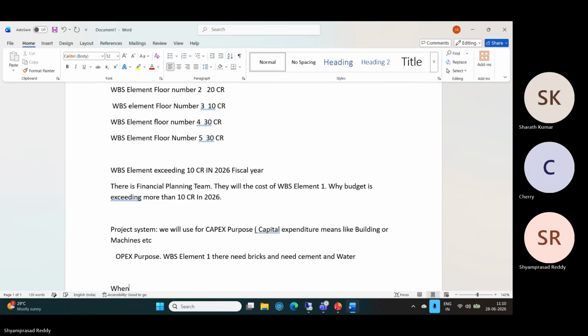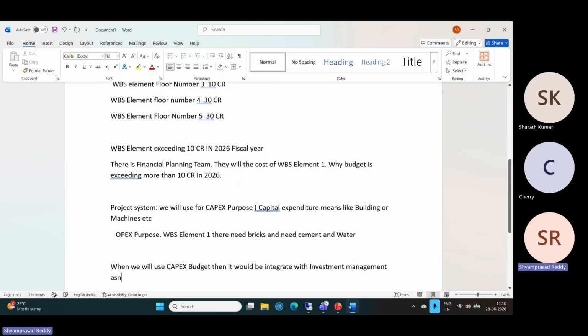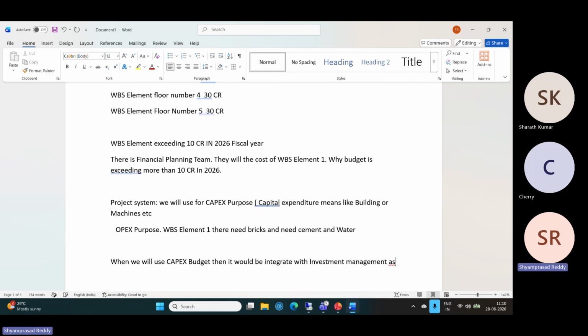When we use the CAPEX budget, it would be integrated with investment management and the project system also. We will use it for capital expenditure purposes.